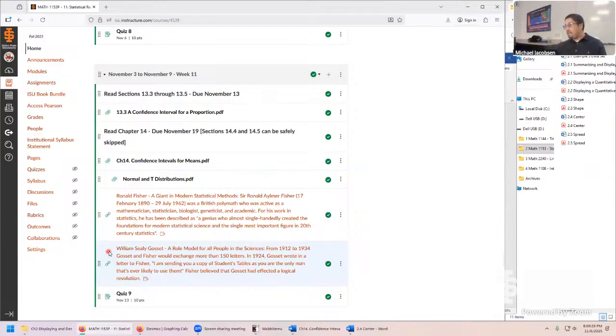He had to agree to publish under a pseudonym. He published under the name Student, which was just a humble way to refer to himself. He couldn't say anything about Guinness Brewing whatsoever in what he published, but he released this information with the encouragement from Ronald Fisher, and Fisher told him he believed that Gosset had effected a logical revolution, and he really did.